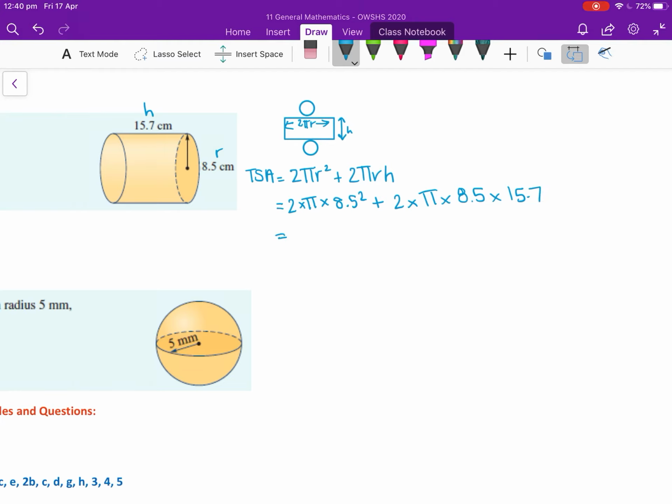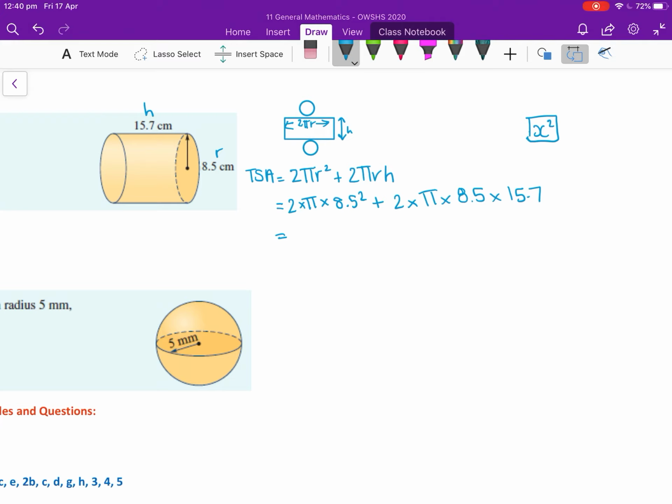Okay, and we're just going to put that in the calculator. So 2 times, now again you'll use your pi button, times 8.5. Remember I've talked about your x squared button.